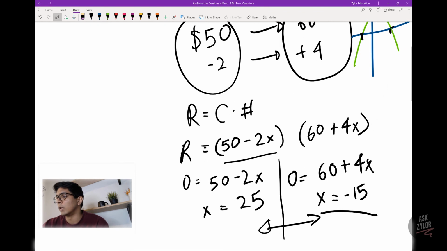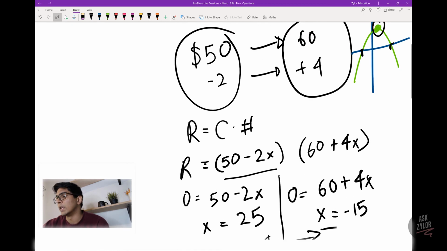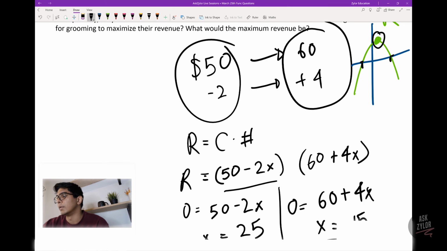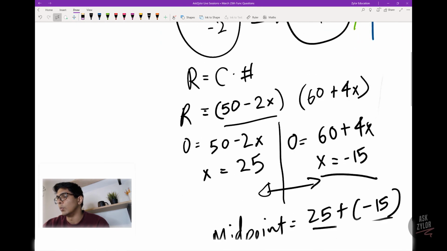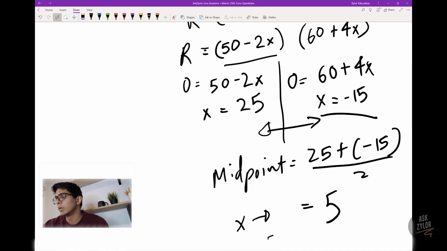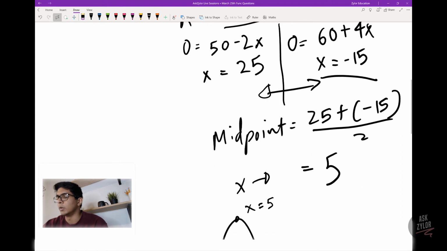So we modeled an equation for revenue, which is cost times how many products or clients we have, and then we had to find the maximum revenue. So we found the vertex of this revenue function by finding the zeros and the midpoint of the zeros, because they're always going to be symmetrical.